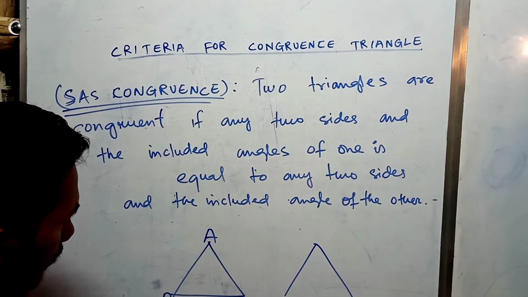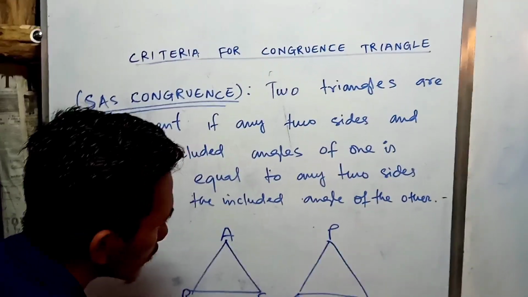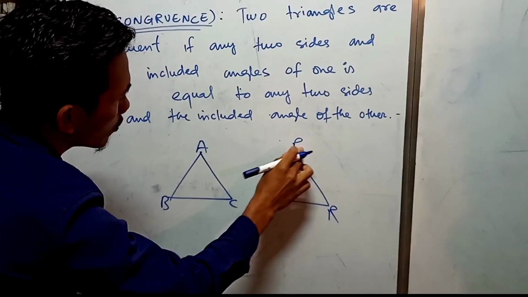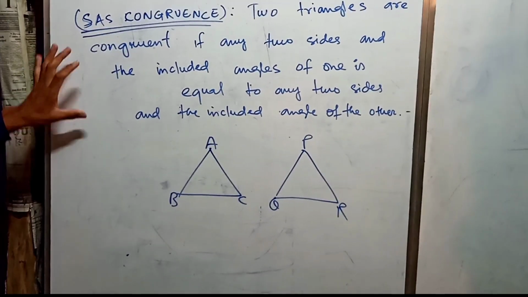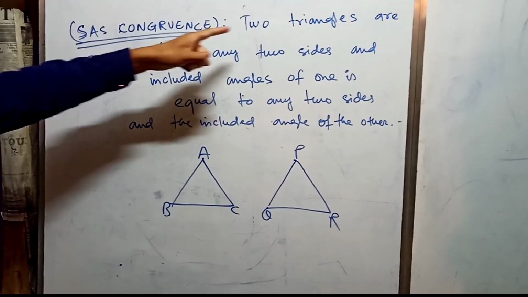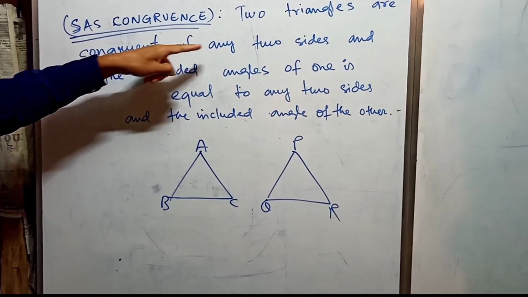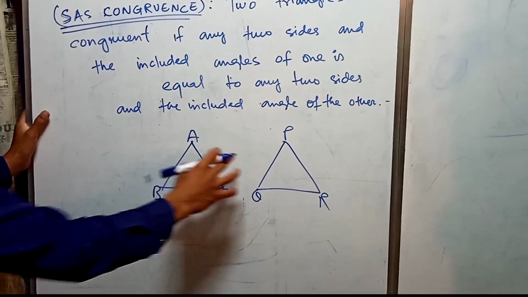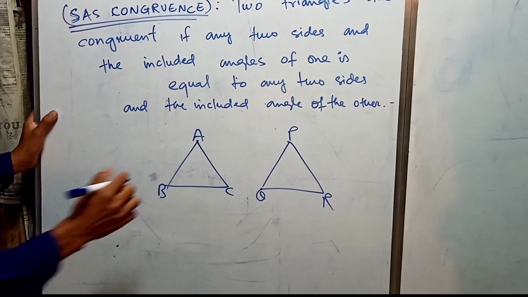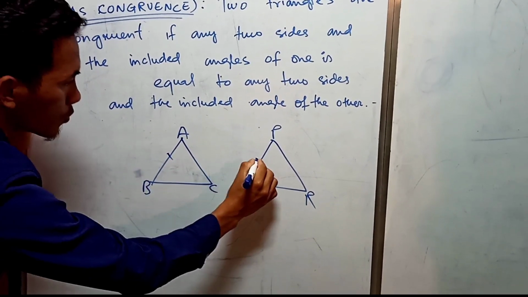Let's name the triangles A, B, C and P, Q, R. You can write any alphabet. Two triangles are congruent if any two sides. Let us assume that this is an isosceles triangle and AB is equal to PQ.